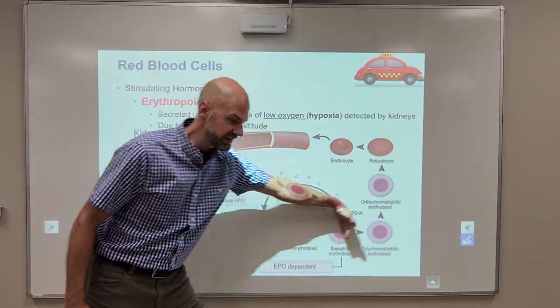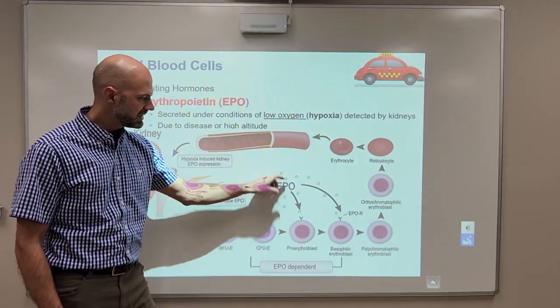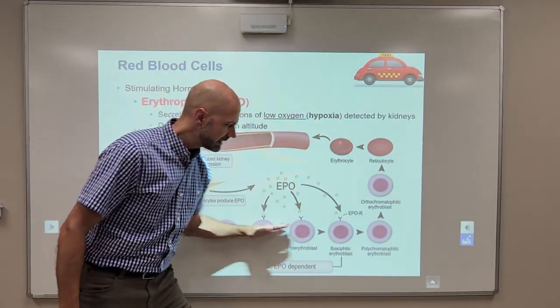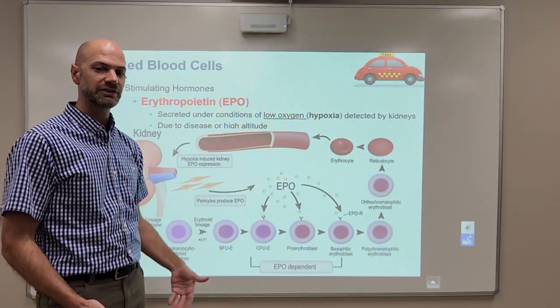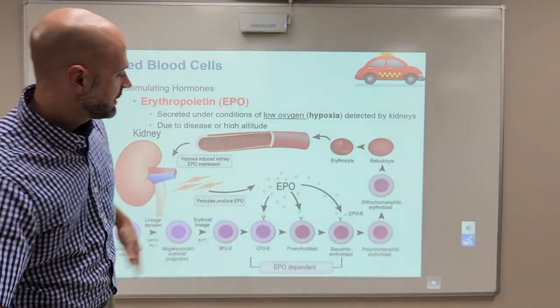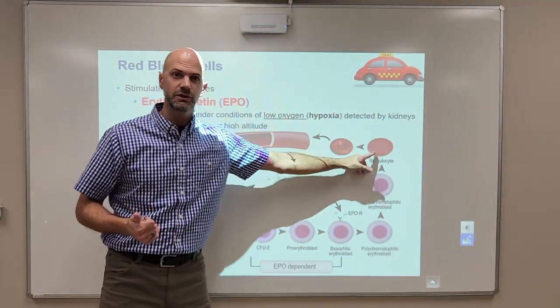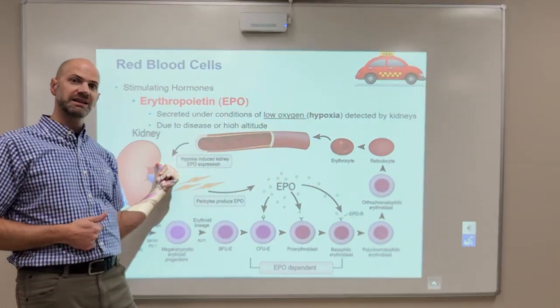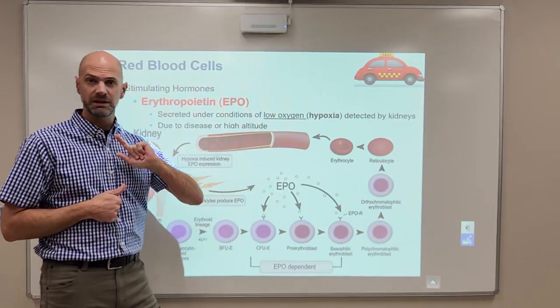So this here on the side is just the same pathway as what we've seen before. Erythropoietin is signaling and allowing that pathway to move forward, actually stimulating the growth and the differentiation. That growth will then stimulate more red blood cell production. So if we have low oxygen being sensed in the kidneys, EPO will increase red blood cell production.